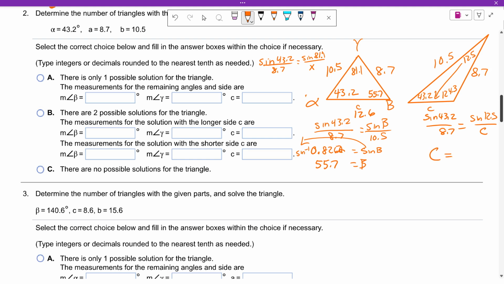C is some small number, smaller than 8.7. 2.8. So this is how you fill in the answer blanks. Okay?